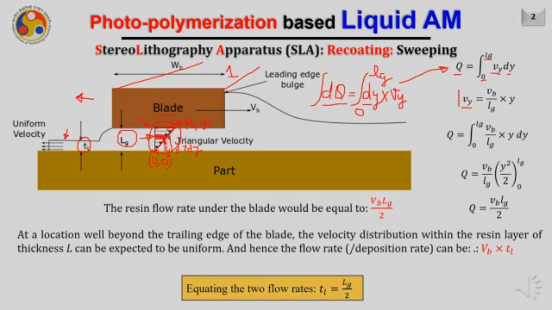Anywhere in between on this line, we can find out the value of Vy. It will be equal to Vb by Lg into y, the linear variation. Now we'll replace the value of Vy with this function in this formula, and if you further integrate it, you will get Q equal to VB Lg by 2.